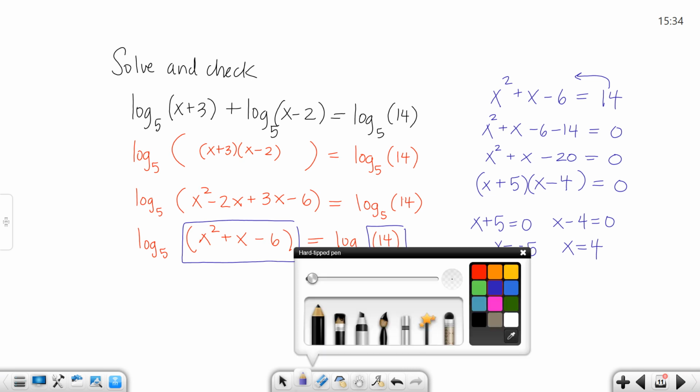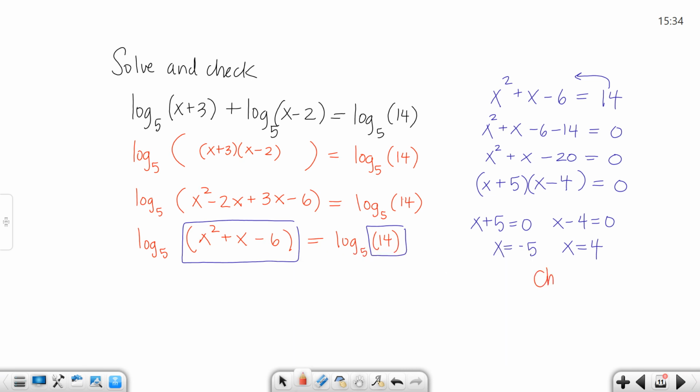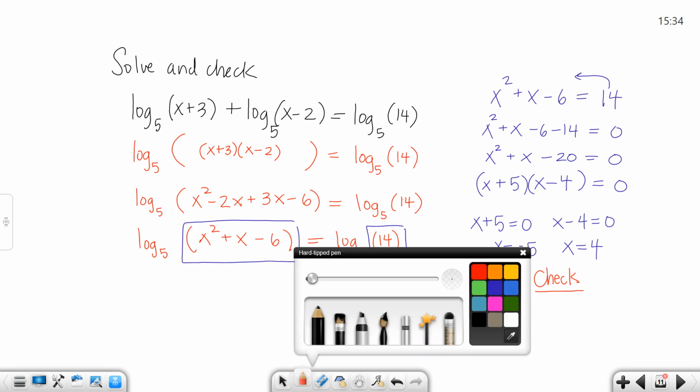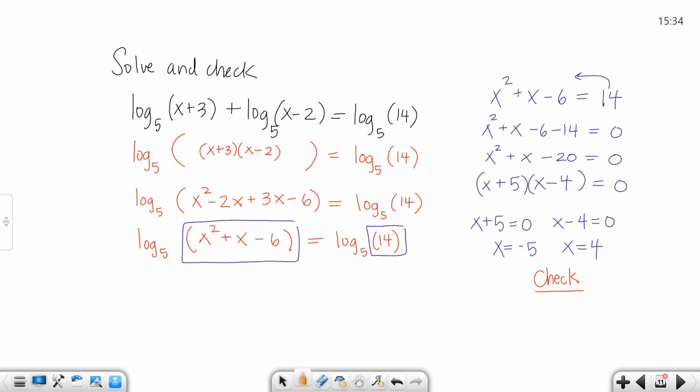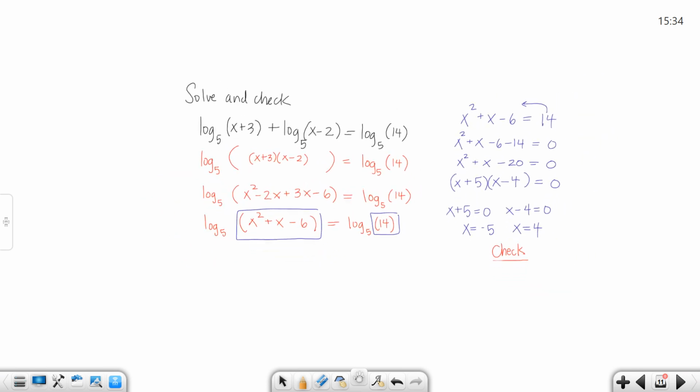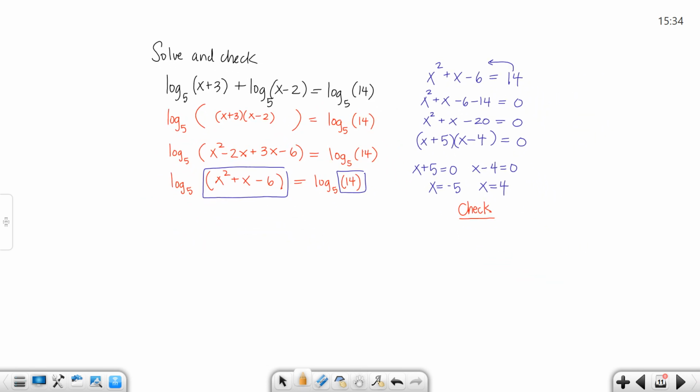That is not my answer, because remember, I have to check. Now feel free to check it all the way out, or you can just check it to make sure you're not taking the log of a negative number, whatever works for you. The first one I'm going to check is negative 5.